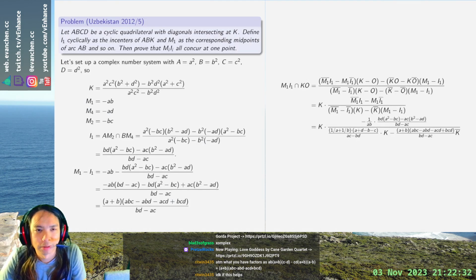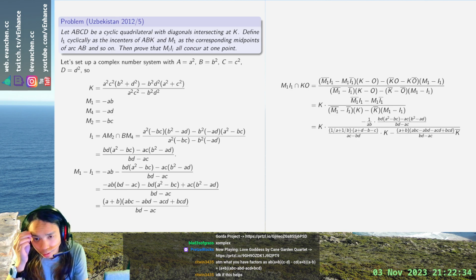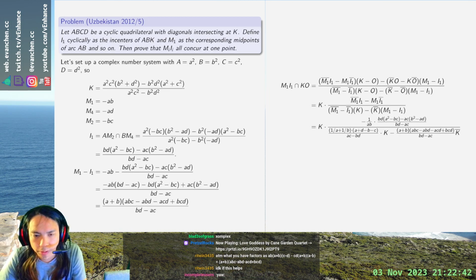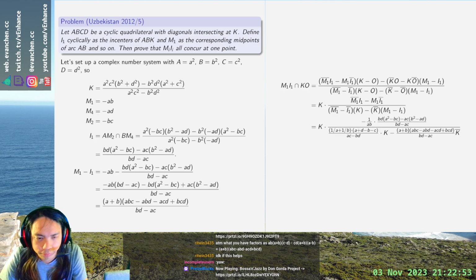Okay, wait, I need to be careful about the signs. So m1 is minus ab. And then this is going to be plus AB times the conjugate of that. So, blah, blah, blah. Conjugate, AC minus BD shows up. AC minus BD shows up. Motherfuck.